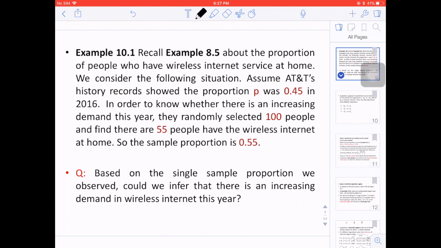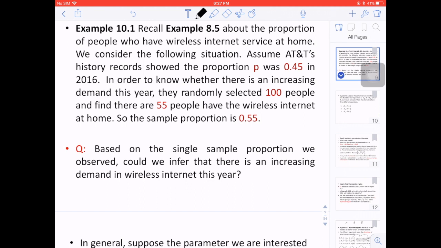Assume AT&T's history records show the proportion P was 0.45 in 2016. In order to know whether there is an increasing demand this year, they randomly selected 100 people and found 50 people have the service at home. So the sample proportion is 0.55. Based on this single sample proportion we observed, could we infer that there is an increasing demand this year?